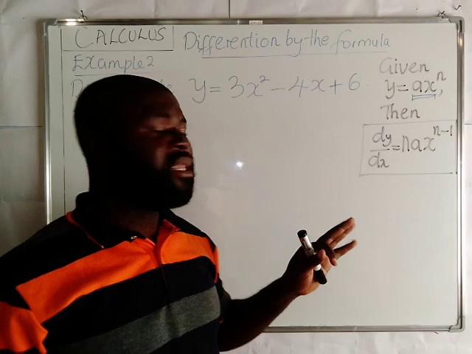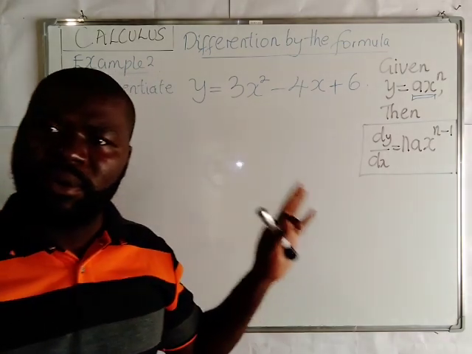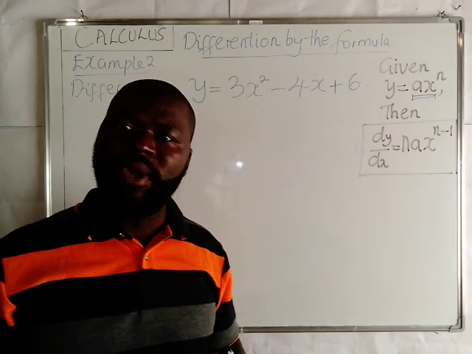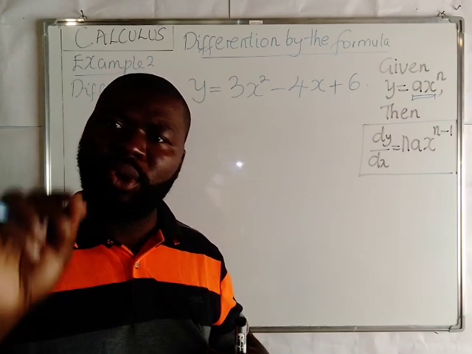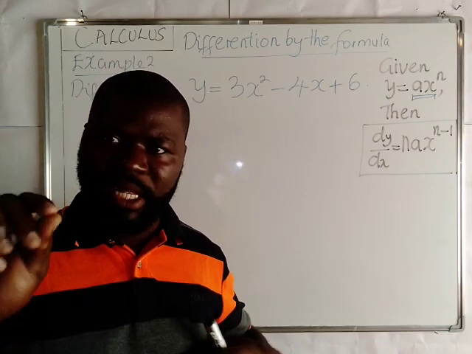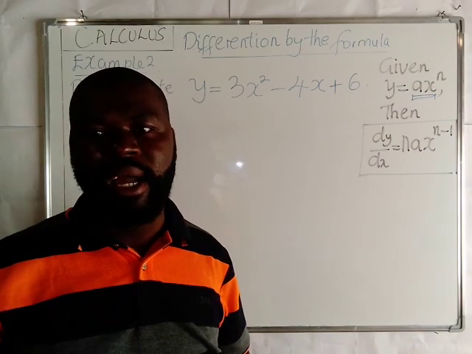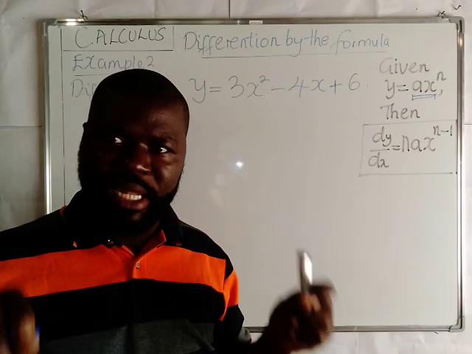So the way we have to handle such questions, we need to apply the formula method on each one of the terms that we are given, no matter how many they are.